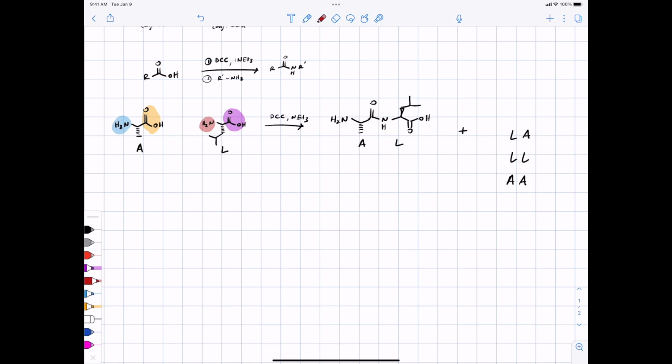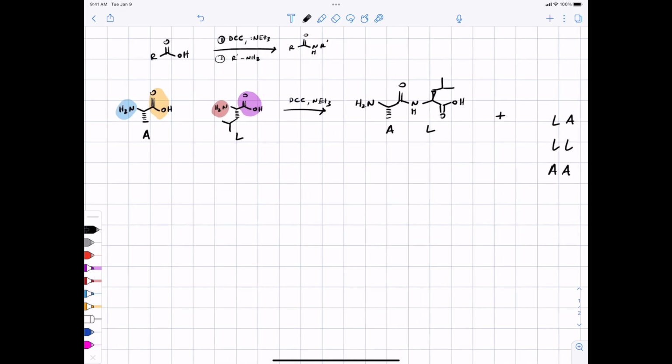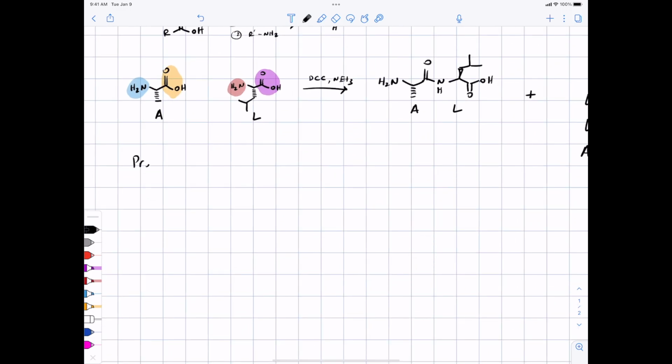So we need a way to solve that problem. Nature solved it with the ribosome and the genetic code. Humans have solved it using protecting groups. And in particular, the protecting groups we use are for the alpha amino group, okay?